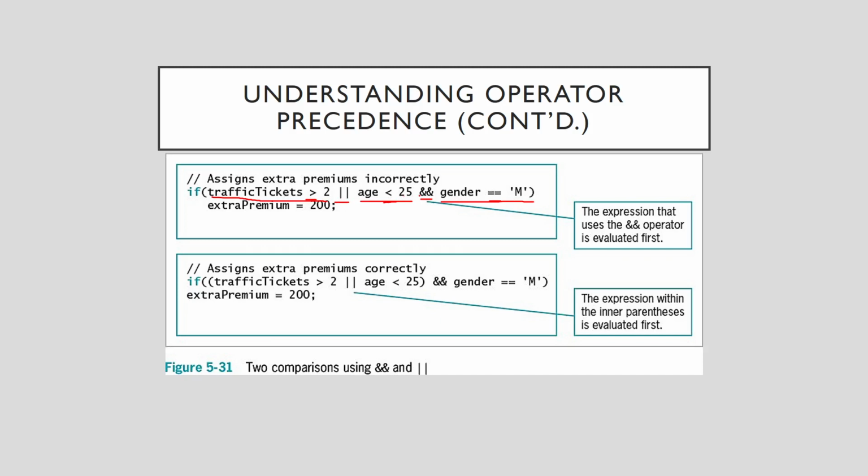Given the two expressions using the OR and AND, the AND will be evaluated second, and the result of this AND expression will be evaluated with the OR. So second, then third, which is the last one. The last operator being evaluated or executed is the logical OR operator.